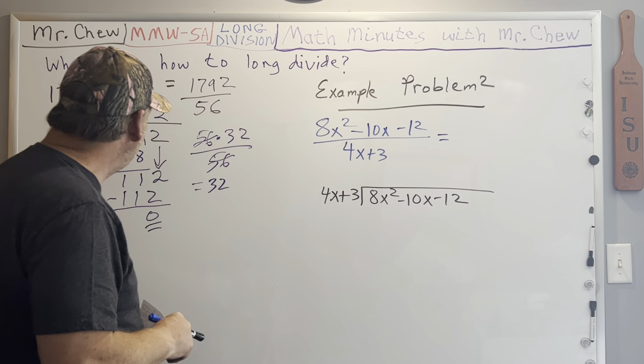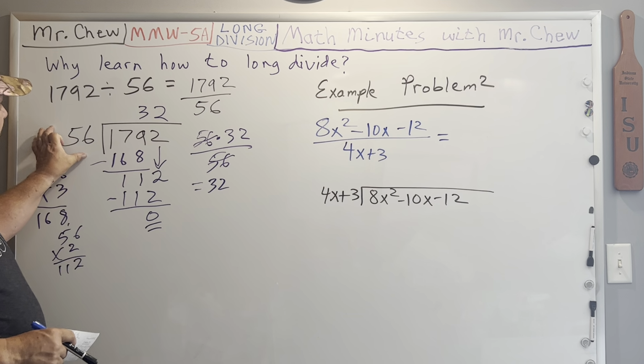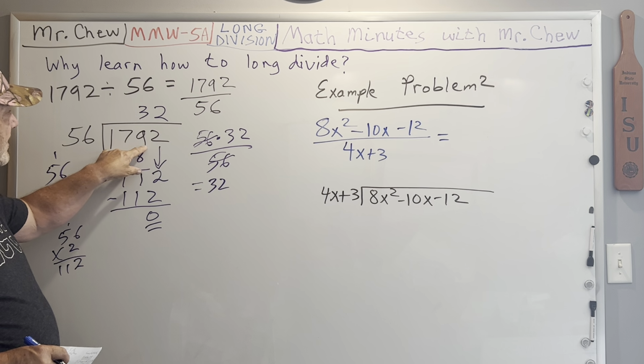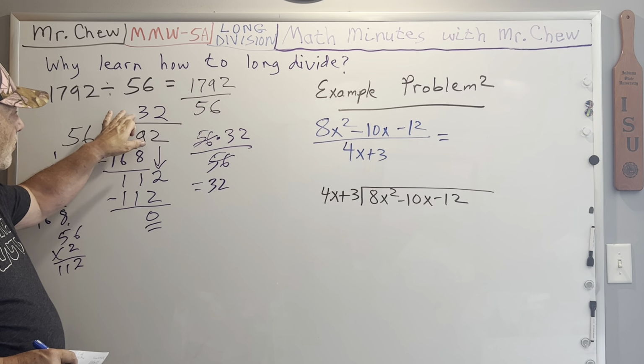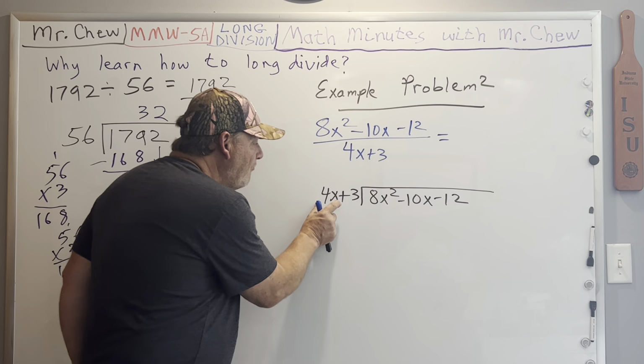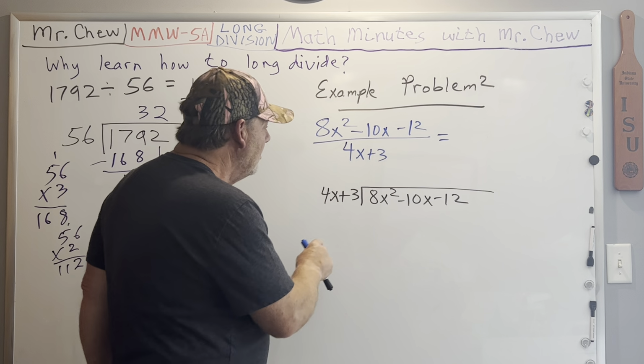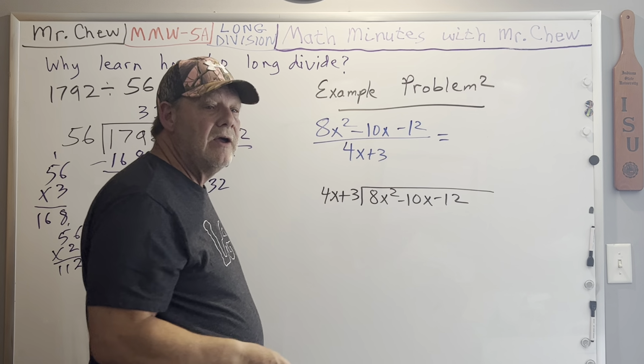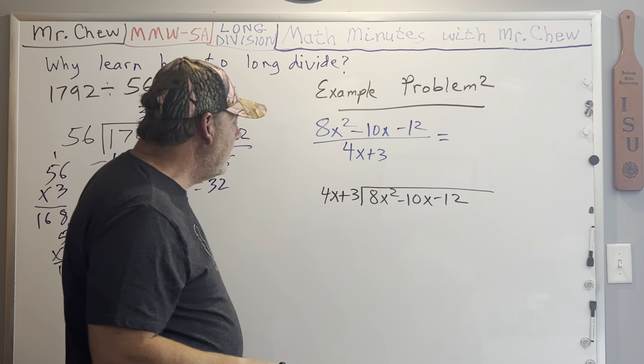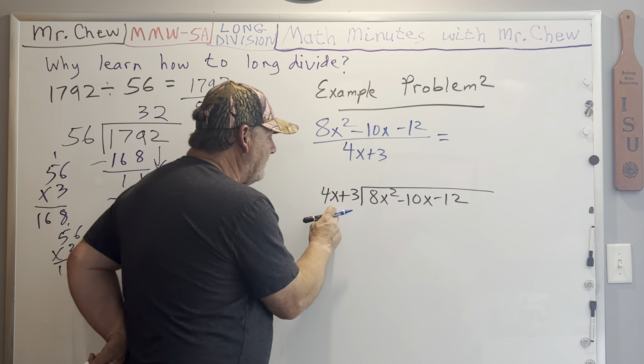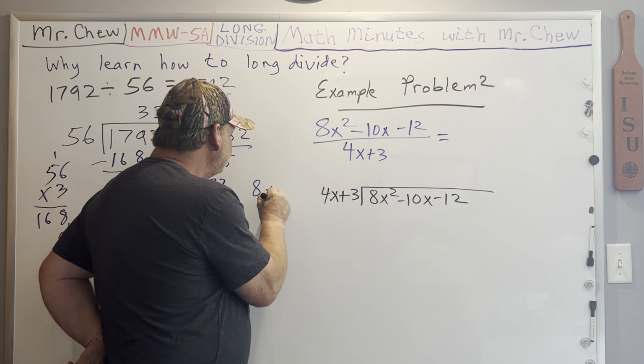So now look and see what we did over here. We said 56 will go into 179 so many times. So 4x, the first term, will go into 8x squared how many times? So in other words, I'm taking 8x squared and dividing it by 4x.